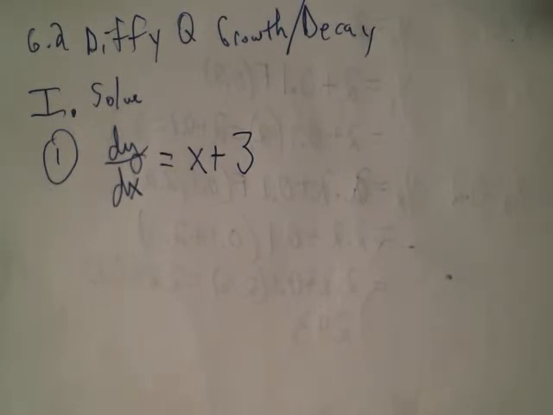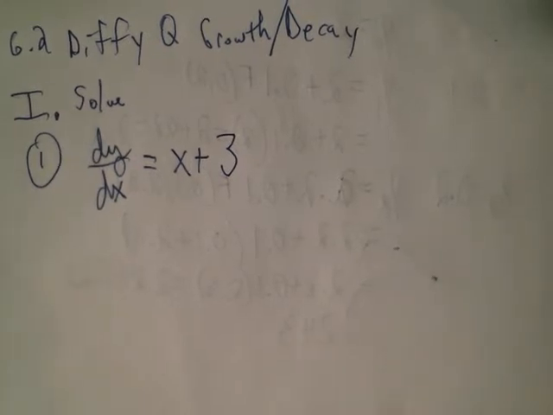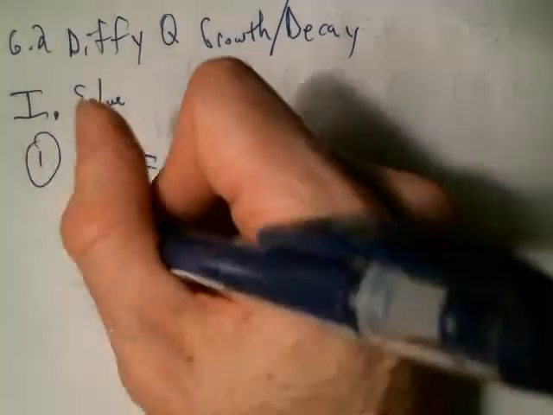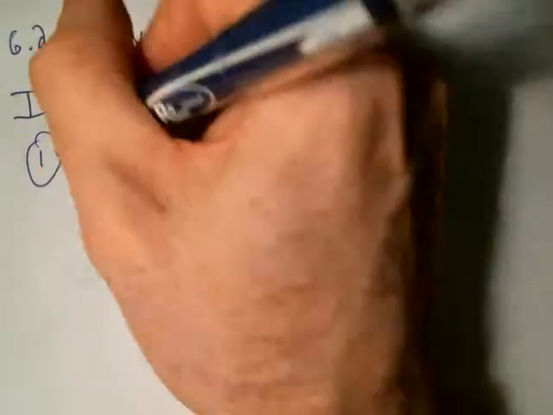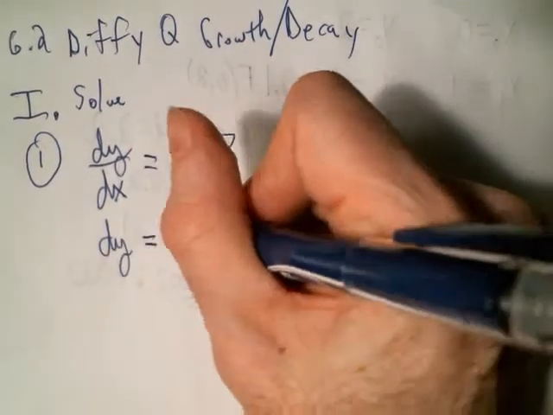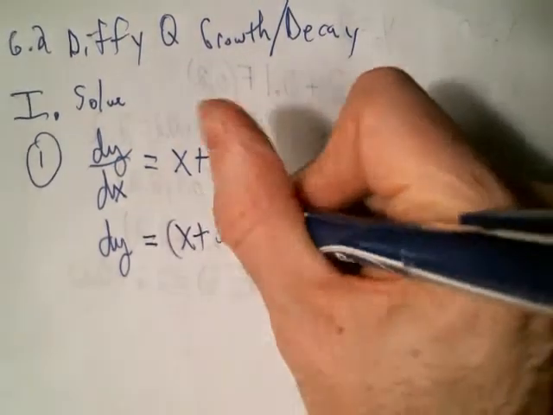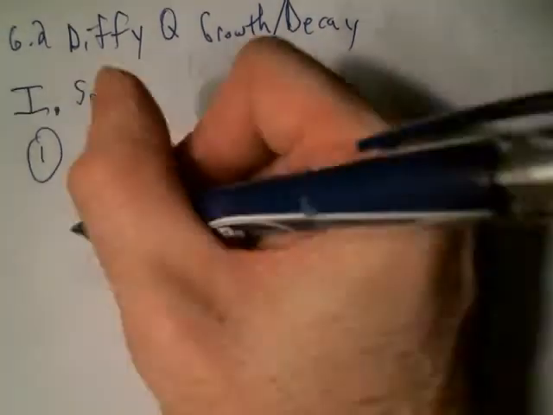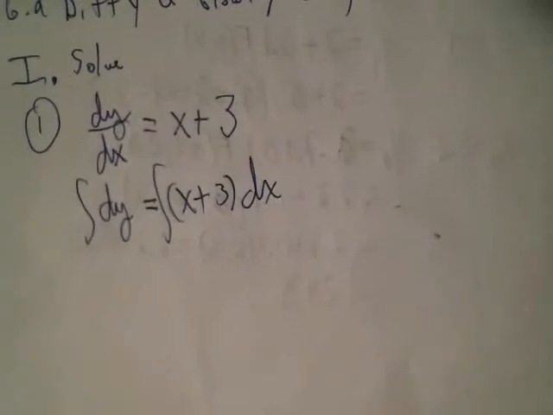So in general, when you're presented with a guy like this, what we want to do is separate variables, so to speak. This is not technically correct, but think of it as multiplying both sides by dx. On one side you have dy, and on the other side you have x plus 3 times dx. Then we're going to integrate both sides.